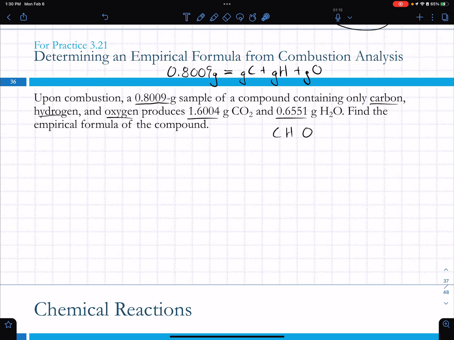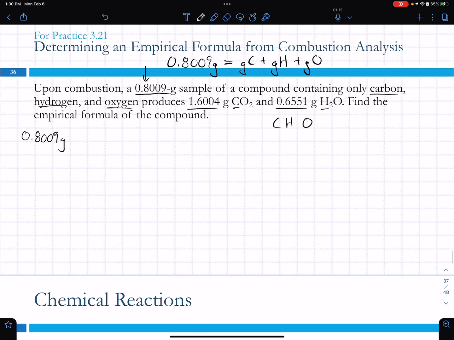So we can figure out how much carbon and how much hydrogen are in our sample. And then once we know those masses, we can go back and say that any extra mass would have come from the oxygen.